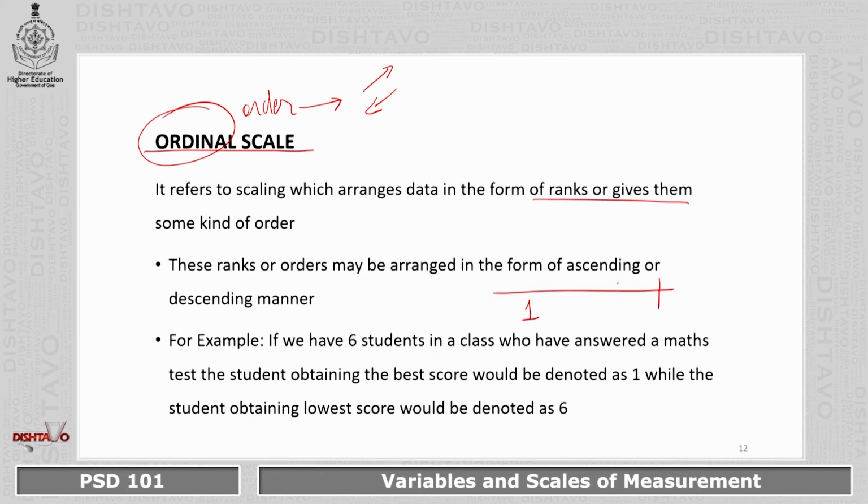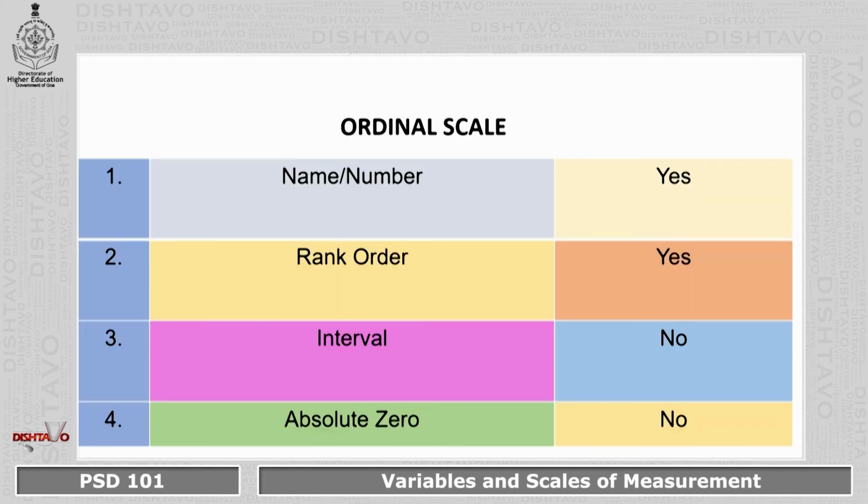Say you are putting it on a scale over here. The person who gets the best score can be placed at this first point, and the person who gets the worst score, 1, 2, 3, 4, 5, 6, can be placed at this point. So it gives us some kind of order, either ascending or descending.